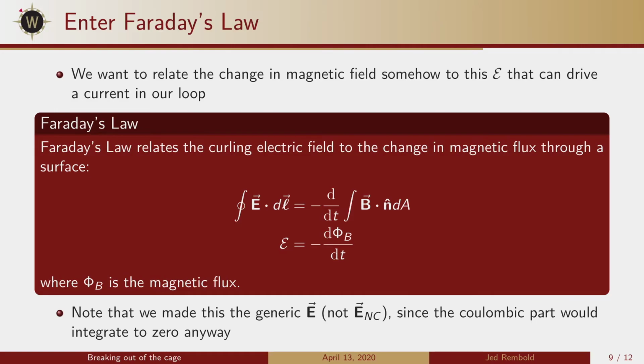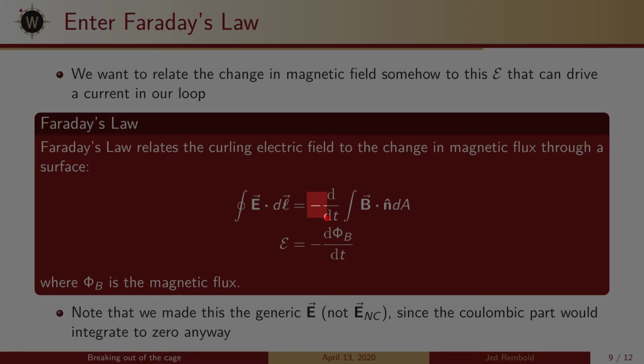I would want to resist that. So I'm getting more going up, so turn your thumb upside down. That's the role that this minus sign is playing. This minus sign is important in Faraday's law. That's what tells you that it's resisting the change in magnetic flux.